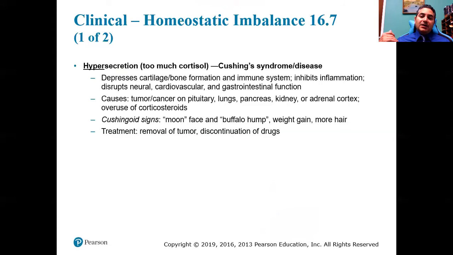Or it could also be not a tumor or a cancer, but it could occur from improper dosage and exposure of corticosteroids, the overuse of that. So we have something called Cushing's syndrome or disease. And sometimes the symptoms are a moon face, a buffalo hump toward the back, definitely weight gain, and also the production of more hair.